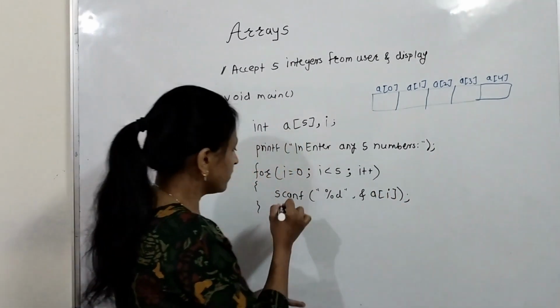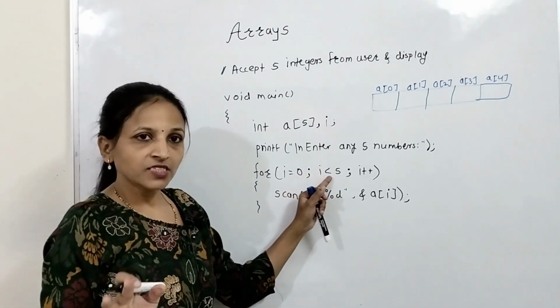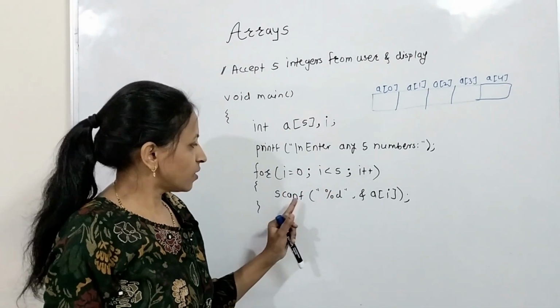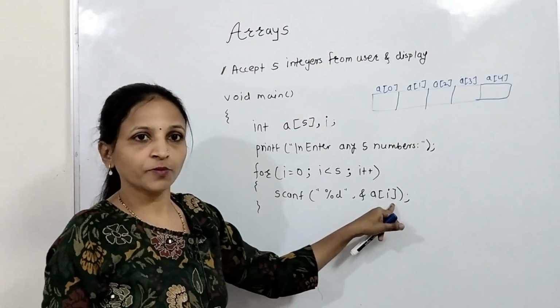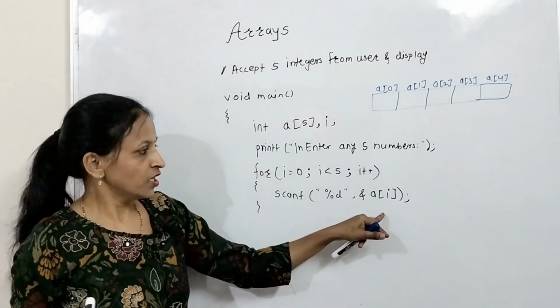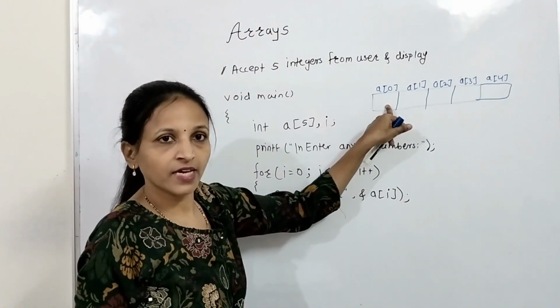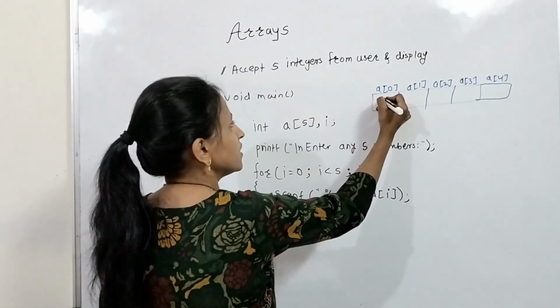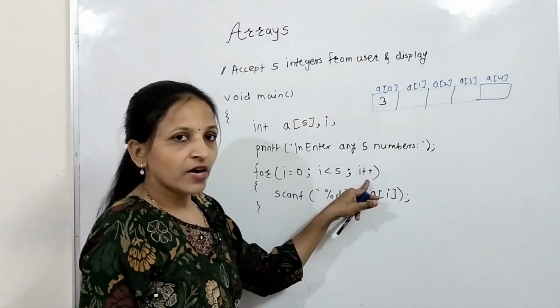Now how will it work? See, initially i is 0. i less than 5, this condition is true. That's why control will come here and will accept the value of a of 0, because here the i value is 0. Whatever user enters will get stored in a of 0. Let the user enter 3, then it will get stored here. Then the second time the value of i will become 1.